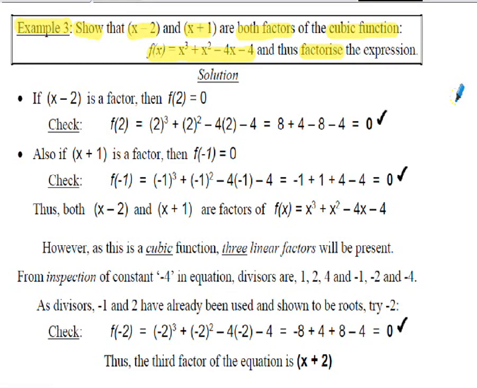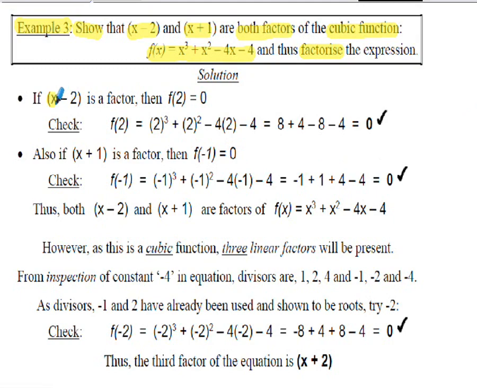It's given us the factor of x minus 2, it's given us the factor of x plus 1, and it's saying show that these are actually the factors of the expression given. So what we're going to do is check those in a moment to make sure that they do equal 0. And then we finally have to find the third factor because it's a cubic expression, there will be 3 factors. So 2 are given, 1 we've got to find.